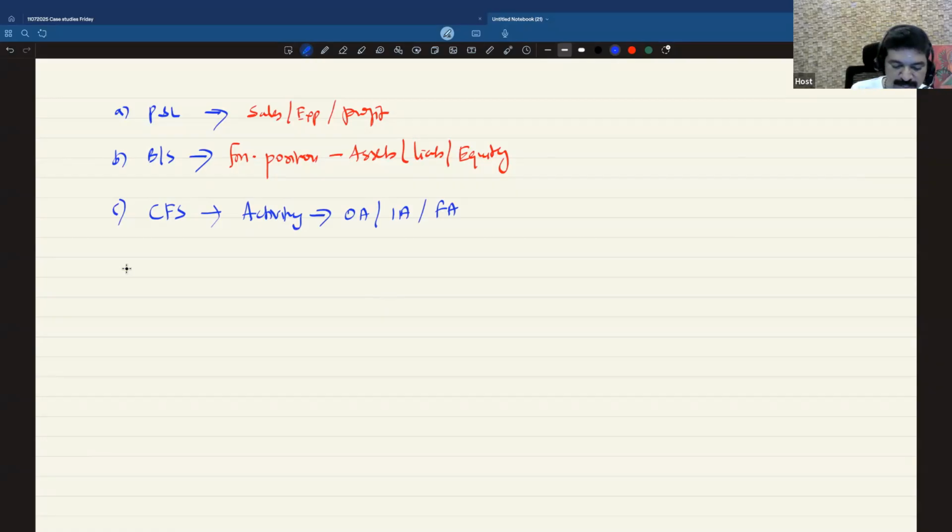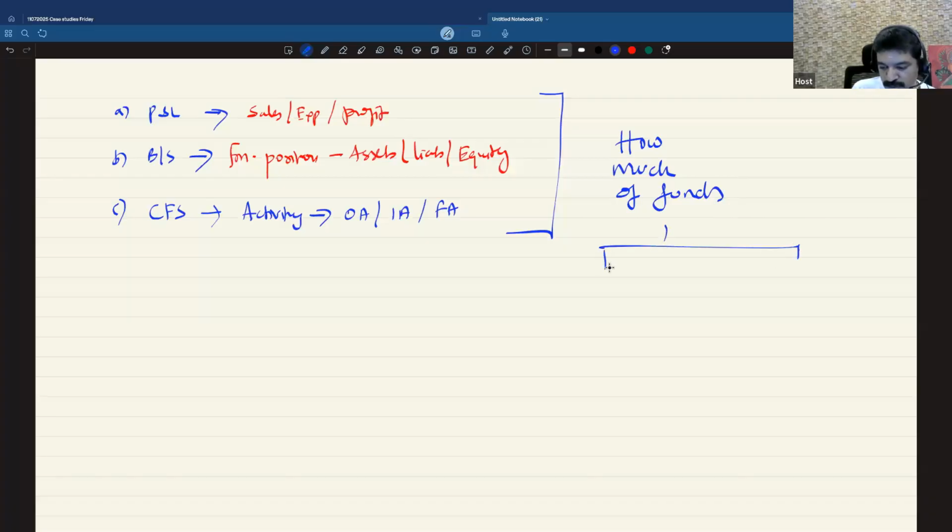These three statements are not talking about how much of the funds have come during the year and how much of the funds have gone out during the year.